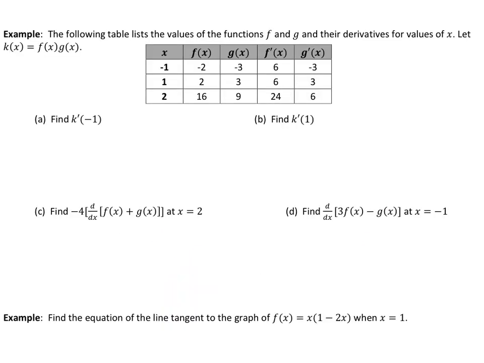Here's some more ways the product rule can become part of a question. It says the following table lists the values of the functions f and g and the derivatives for values of x. Let k of x equal f of x times g of x. Well, what did they just give us? Essentially what they've done is instead of giving us the functions f and g, they've given us the evaluated form, meaning f of negative 1 is negative 2. g of negative 1 is negative 3.